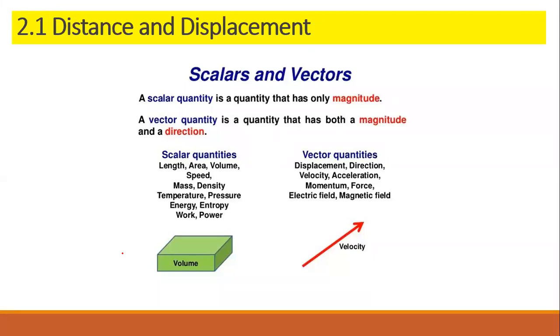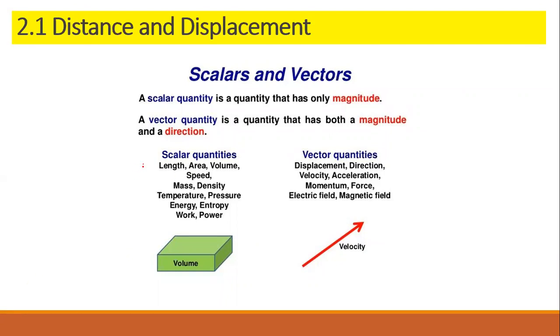When we talk about all these quantities, we have two main groups depending on the presence of direction. We made a group called scalar quantities. They have only a magnitude. They don't have a direction.